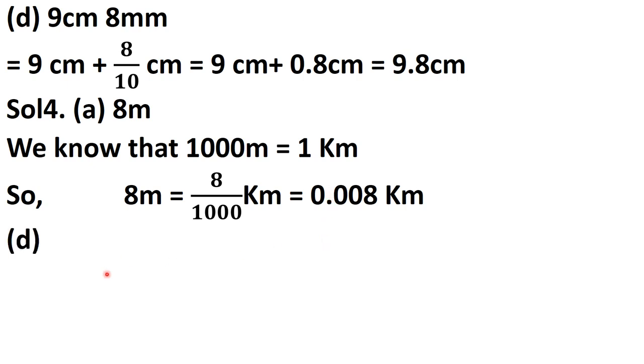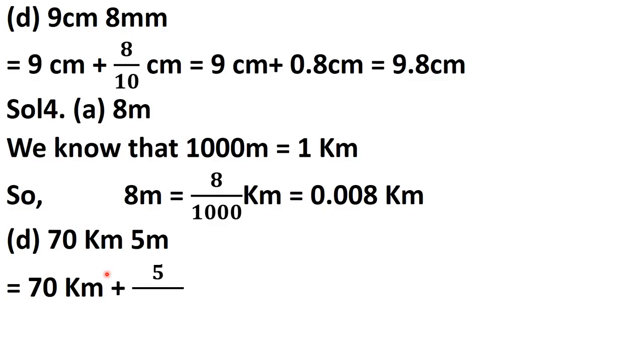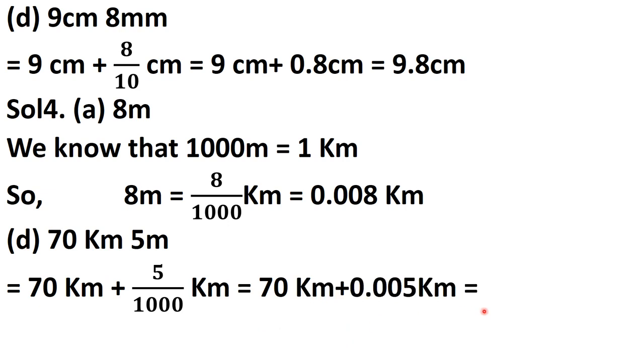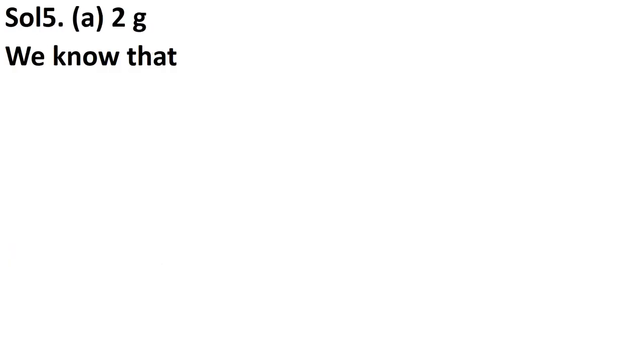D part, 70 kilometer 5 meter. 70 kilometer plus 5 upon 1000 kilometer, which is equal to 70.005 kilometer. In the same way, you can do question number 5 also. Check these answers from here and rest you can do yourself.